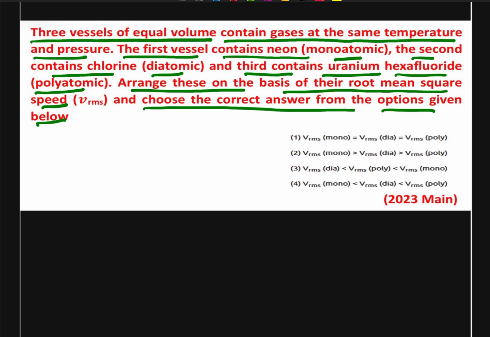So we have to arrange how their r.m.s speed is going to change. In this case, we start with our standard formula: V r.m.s is equal to the square root of 3RT upon M, where M is the molar mass.